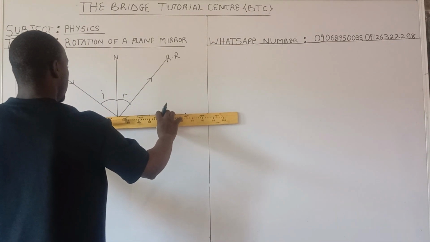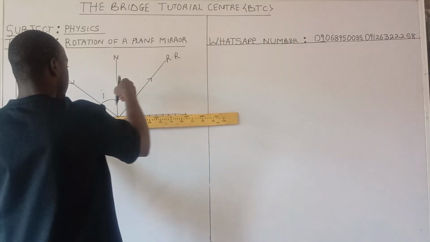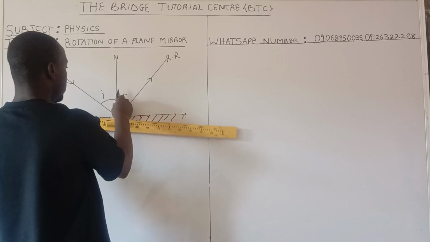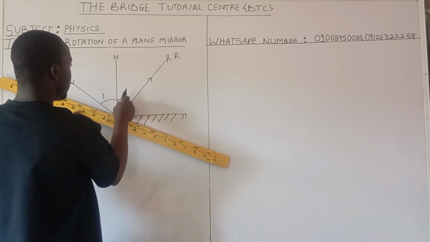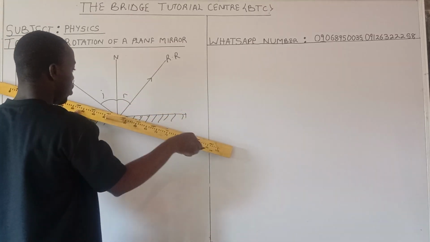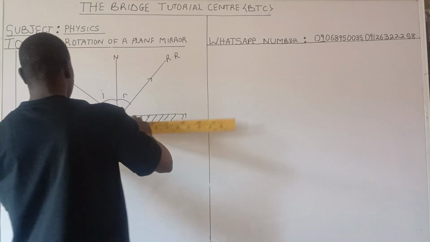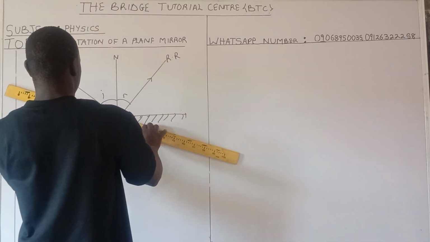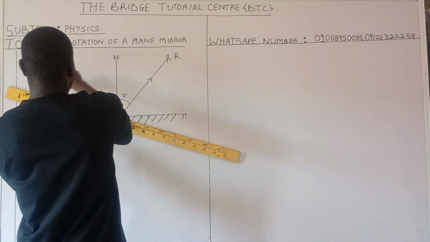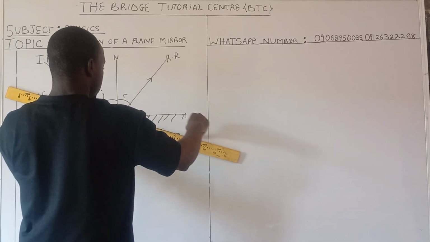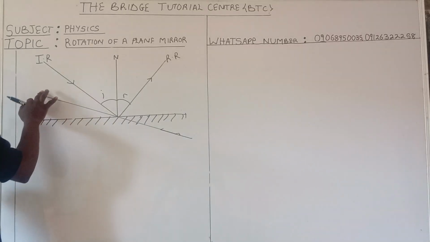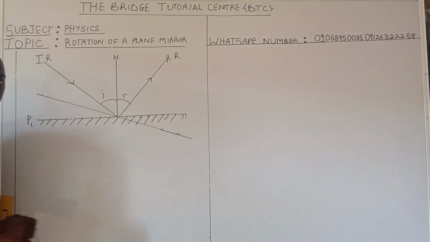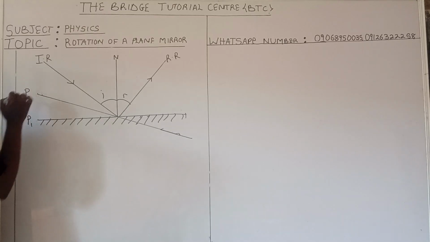Let us rotate it. This is the initial position of the plane mirror, and this is the initial position of the normal. If you now rotate, we are going to have it like this. You can see that your normal changes and your plane mirror position also changes. So we have this first position P1 of the plane mirror, and this second position P2 of the plane mirror.